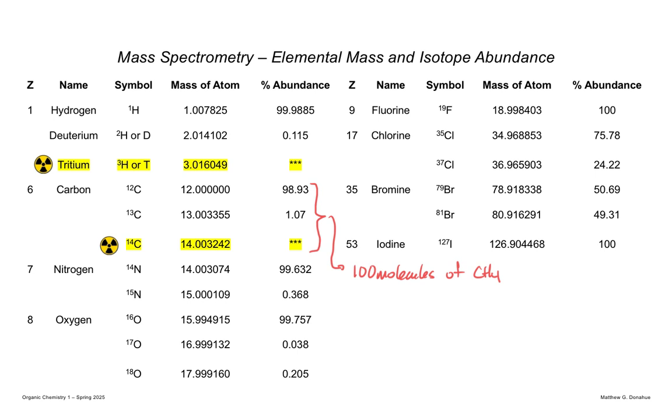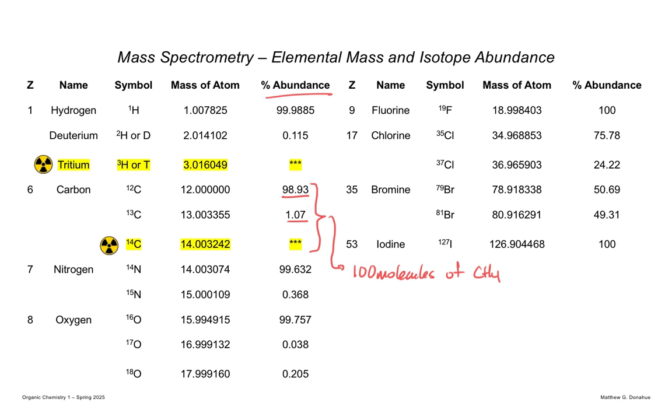I want to run through carbon real quick so we understand what these numbers in the abundance column mean. Carbon-12 is defined as having a mass of 12.0 repeating. So that's the standard we're going against.